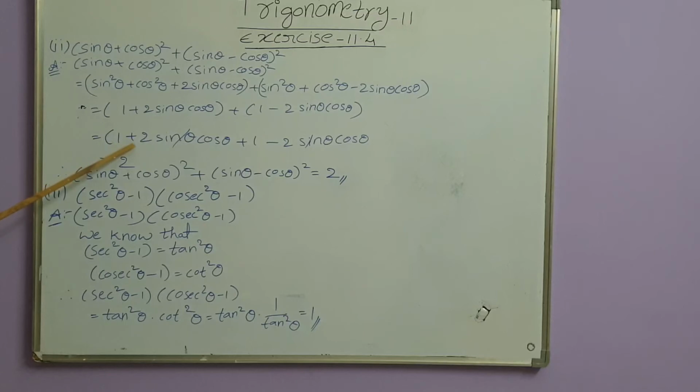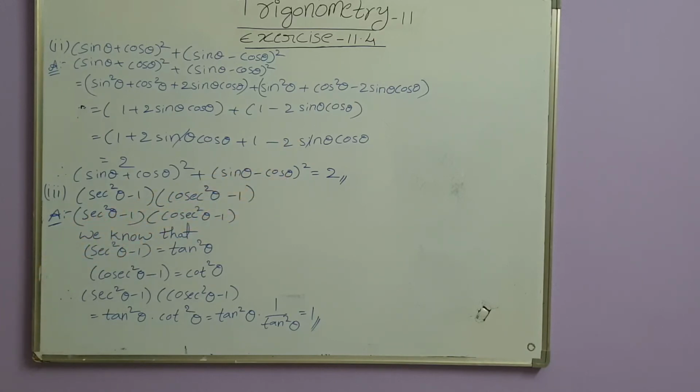So 1 plus 2 sin theta cos theta plus 1 minus 2 sin theta cos theta. These two terms are cancelled. Plus 2 sin theta into cos theta minus 2 sin theta into cos theta, these two terms are cancelled. We have 1 plus 1 is 2. Therefore, (sin theta plus cos theta) whole square plus (sin theta minus cos theta) whole square is equal to 2.